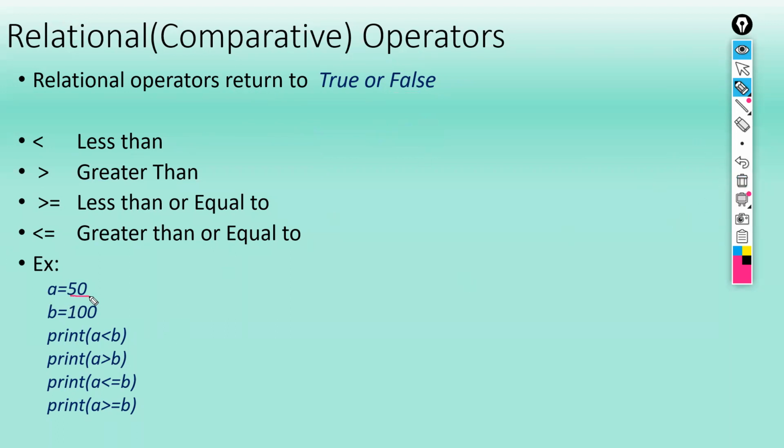I am assigning 50 to A, 100 to B. Now I want to compare A less than B. 50 is less than 100. Is it true? Obviously, it's true because 100 is larger than 50.